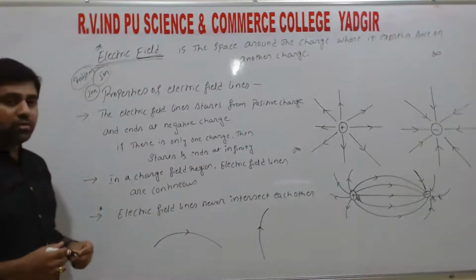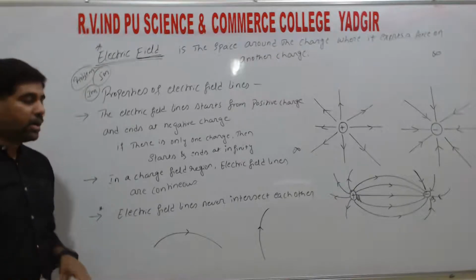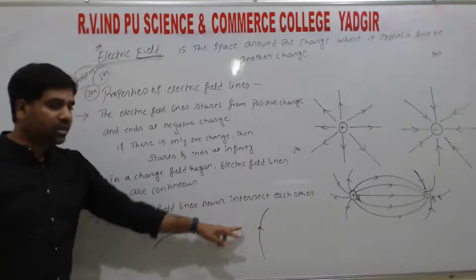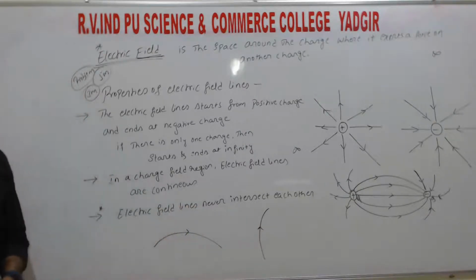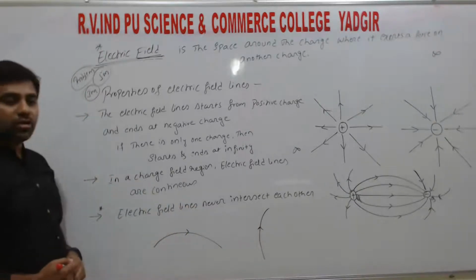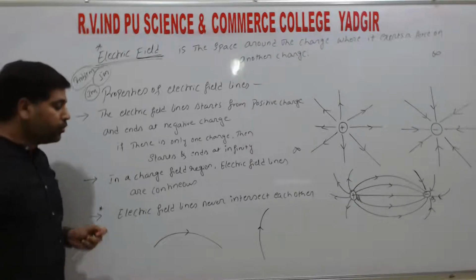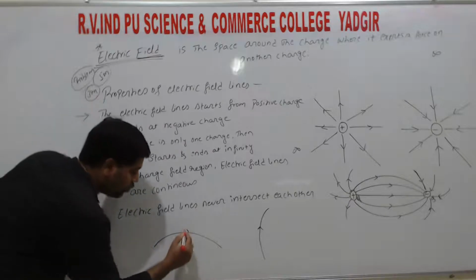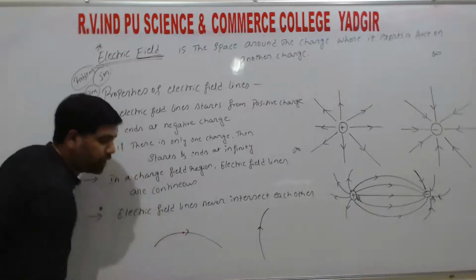As in the definition, it says electric field lines are imaginary lines. If we draw the tangent at any point on these electric field lines, that gives the direction of the electric field, right? So here I consider one electric field line and draw the tangent at this point.